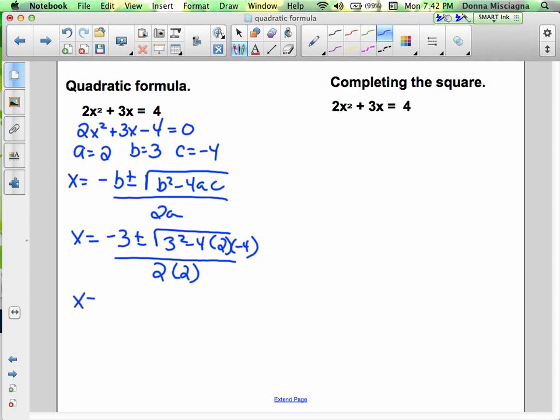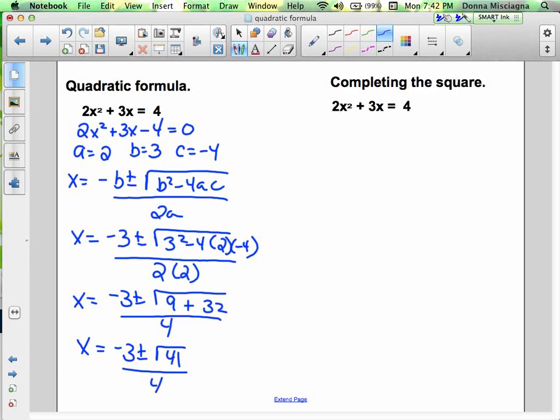Got another double negative there, so you've got to watch those. Negative 3 plus or minus the square root of 9 plus, negative 4 times 2 is negative 8, negative 8 times negative 4 is a positive 32, divided by 4. Again, we don't have one that's going to simplify. X equals negative 3 plus or minus, I need more of these that simplify, the square root of 41, divided by 4.